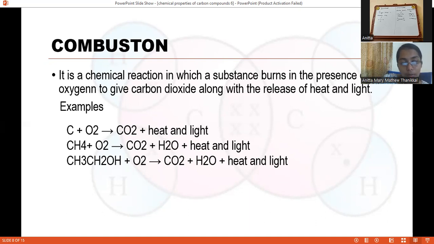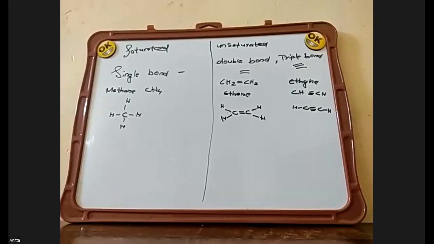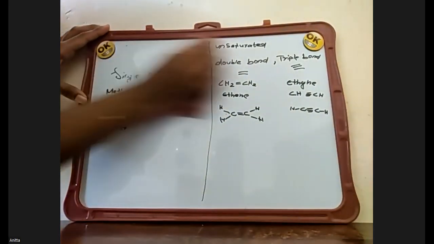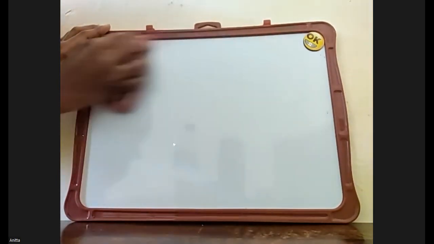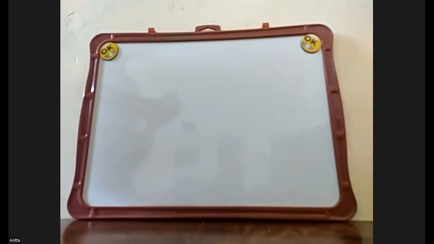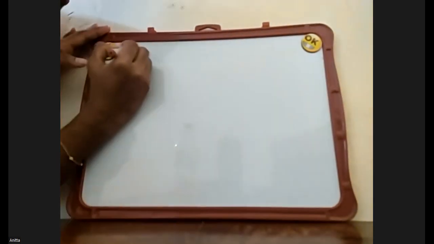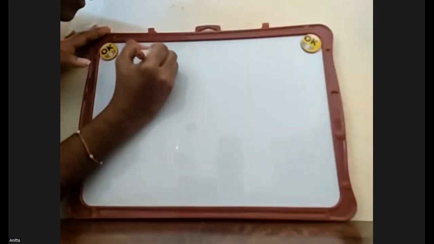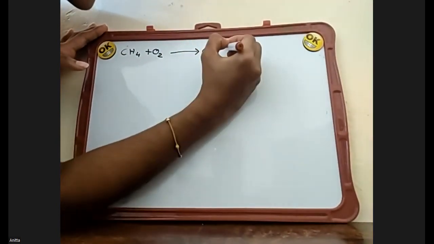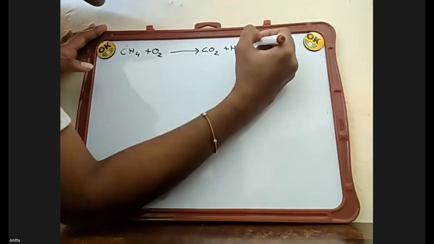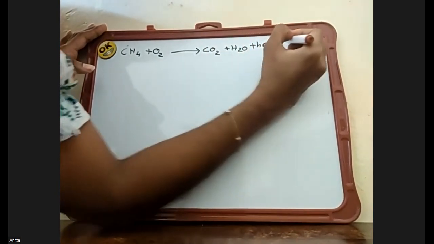For CH4 plus O2 gives CO2 plus H2O. CH4 plus O2 react to get carbon dioxide and also water and release of heat and light.